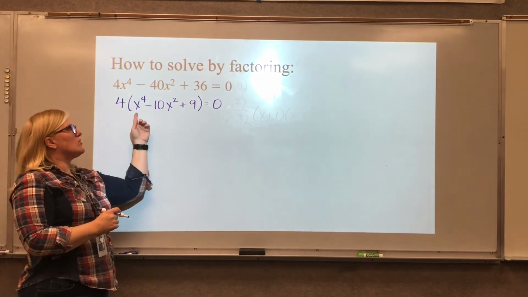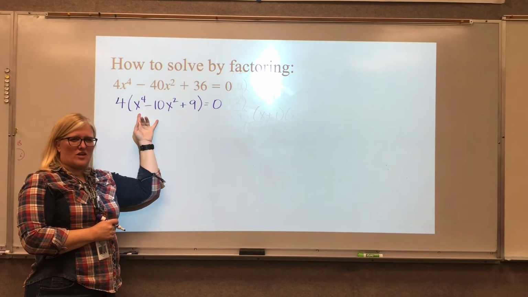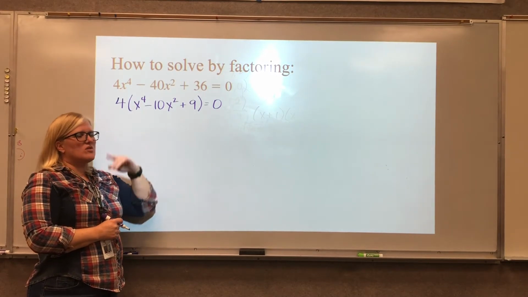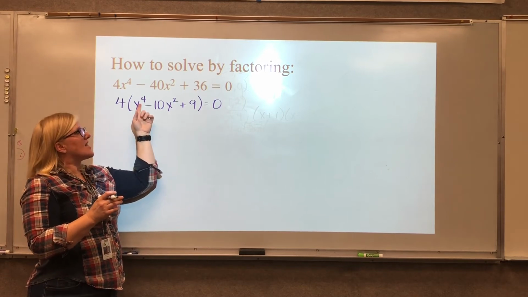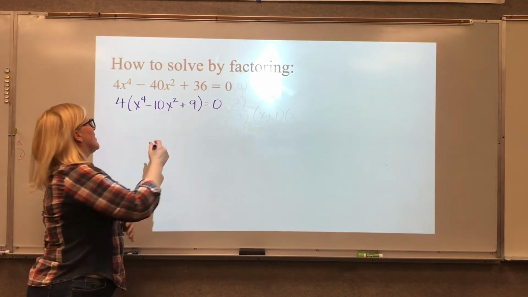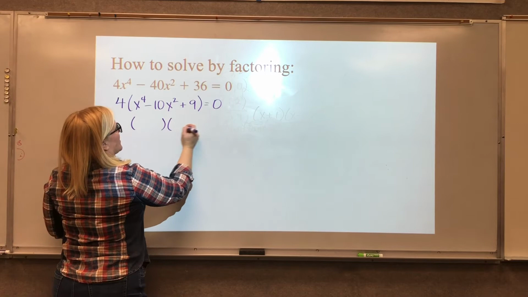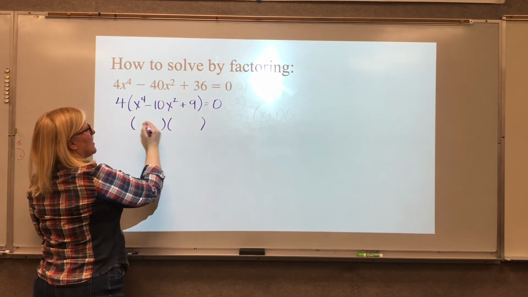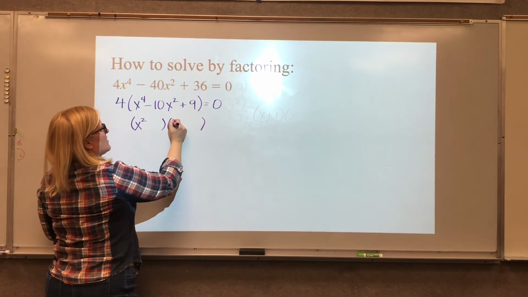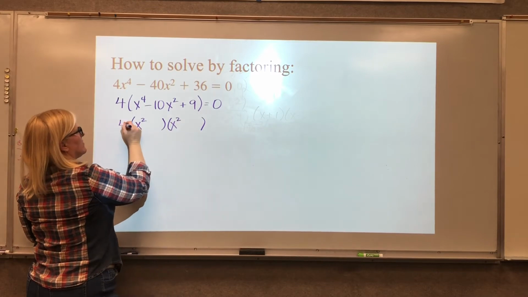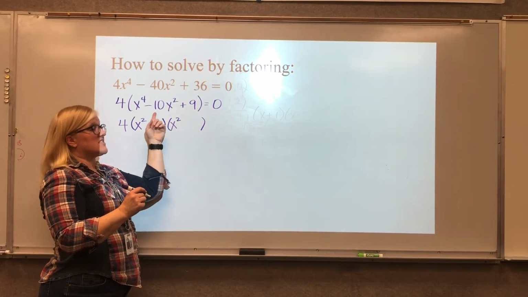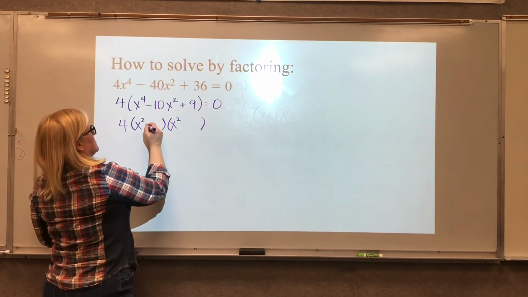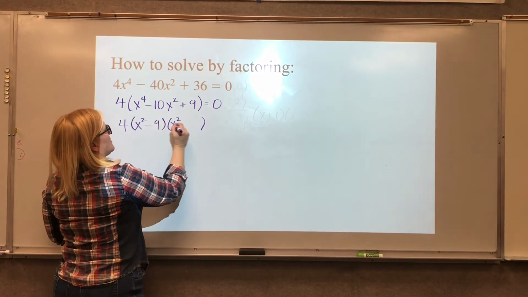All right, now I know I've had some like this on a homework assignment before. Don't let that hang you up too much. This is an x to the 4th, this is an x squared. That just means that instead of an x and an x being here, I'm going to have an x squared and an x squared. Okay, so what multiplies to give me 9 that adds to give me negative 10? We have negative 9 and negative 1.